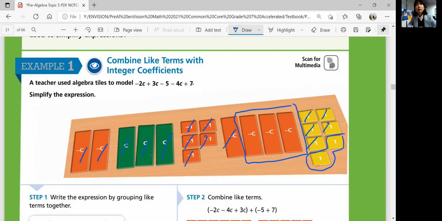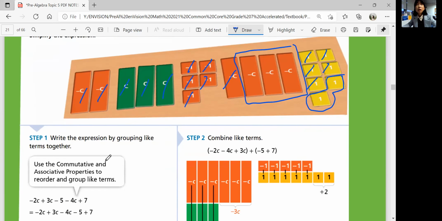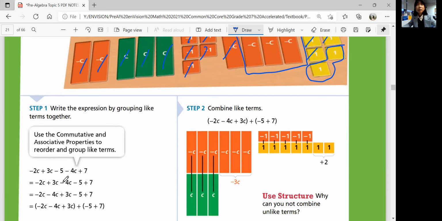So visually, can you see it? That's what you're doing when you're simplifying like terms and combining like terms. So step 1, write the expression. That would be -2c plus 3c minus 5 minus 4c plus 7. You can group them together with like terms and add the coefficients.